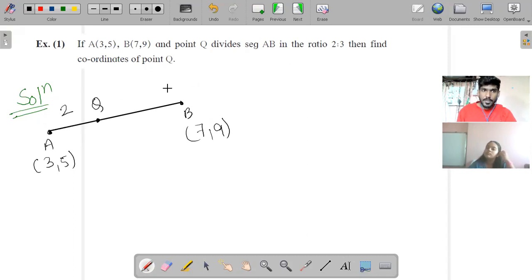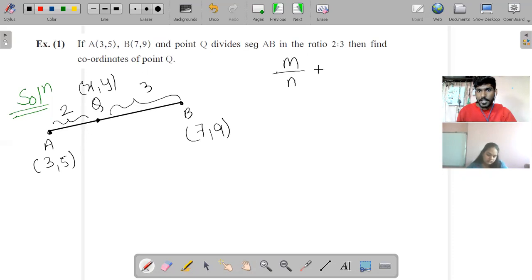Suppose this length is 2 and this is 3. Let the coordinates of point Q be x comma y, which we have to find, because it said find the coordinates of point Q. Point Q divides segment AB in the ratio 2:3, so m upon n is 2/3, or m is 2 and n is 3.